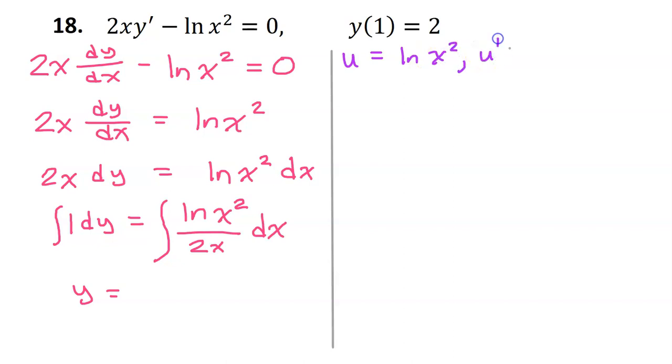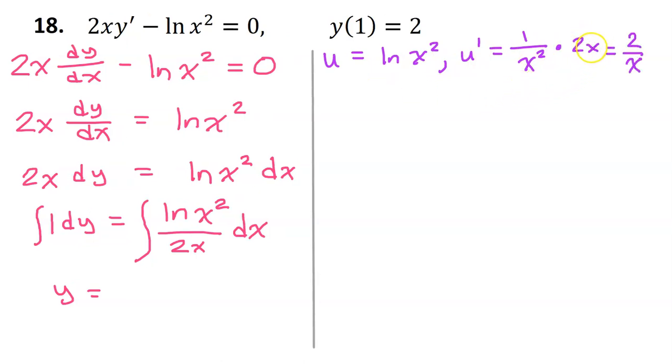Now, what will u prime be? The derivative of natural log something is 1 over something. So this will be 1 over x squared. Because this is not just an x, we need to do the chain rule and multiply by the derivative of the inner function, which is 2x. Notice that the x in the numerator cancels out one of the x's from the denominator. So u prime simplifies to 2 over x.